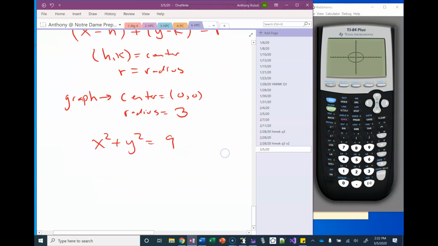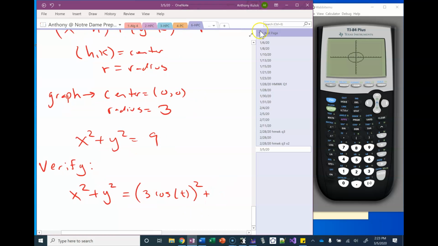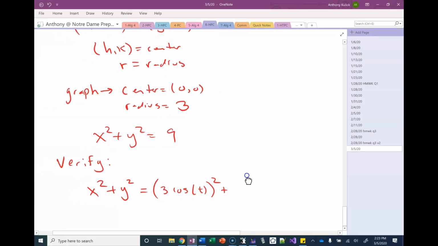Let's verify this. If I take x squared plus y squared, I'm going to substitute into this my parametric equations. Everybody's okay there?